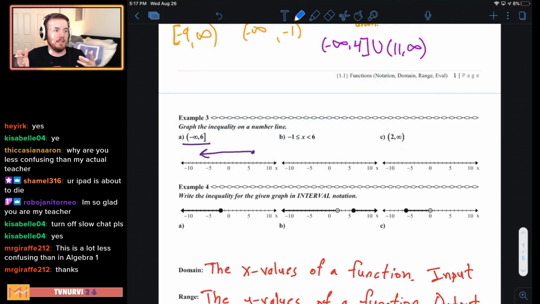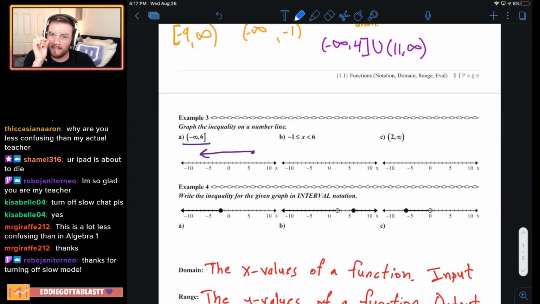Here's an inequality. What are we saying? It's trapped between these two numbers. The equal sign means include, so I'm going to have a filled in dot for the -1, but then it's less than 6, but not equal to 6, so I'm going to have an open circle on the 6.